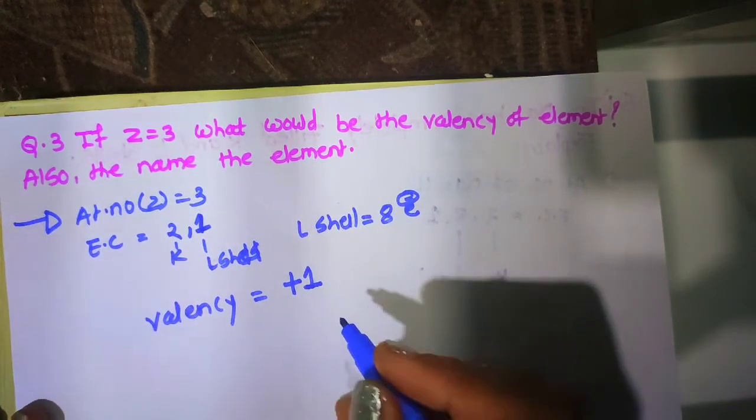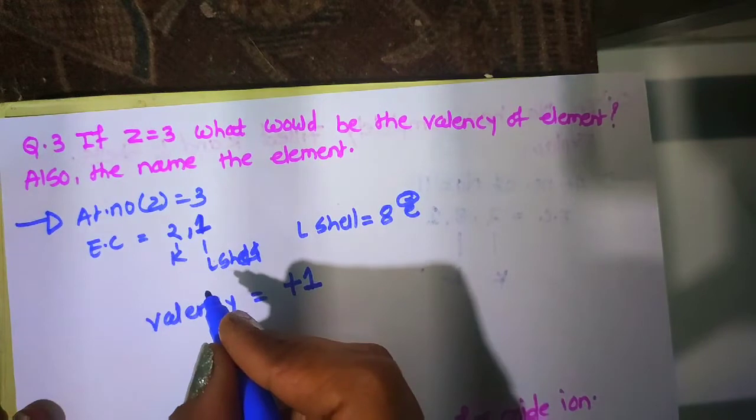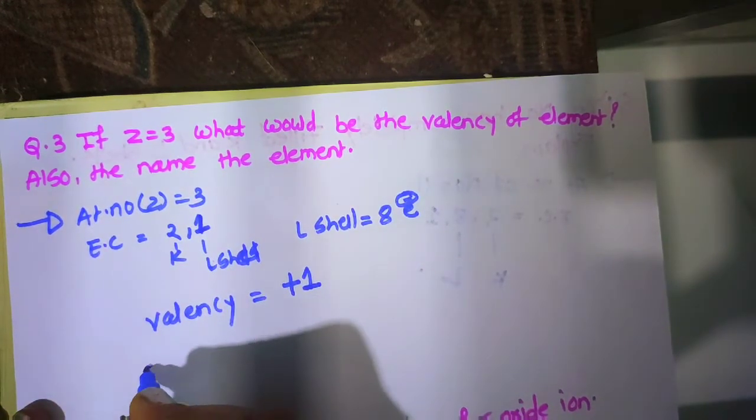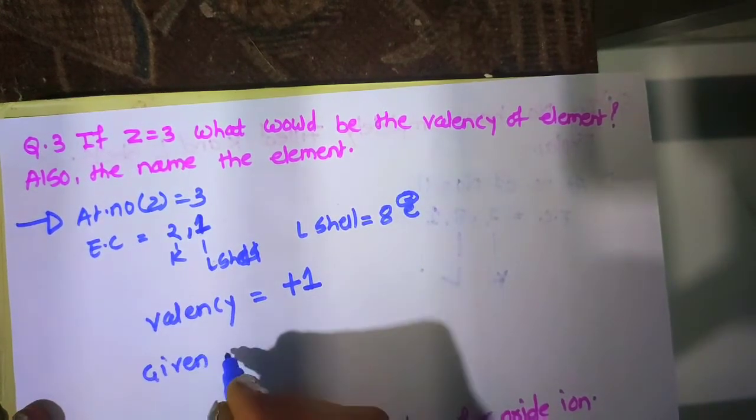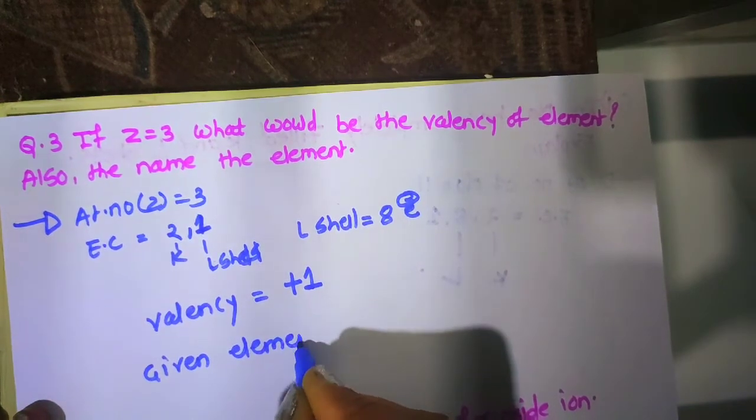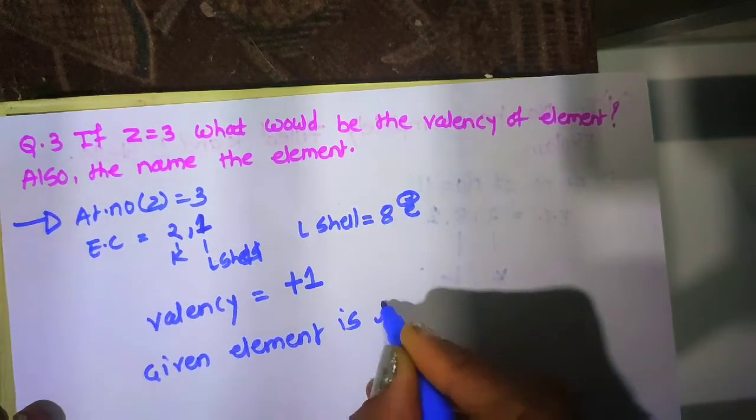Understood, students? And when the atomic number is 3, the given element is lithium.